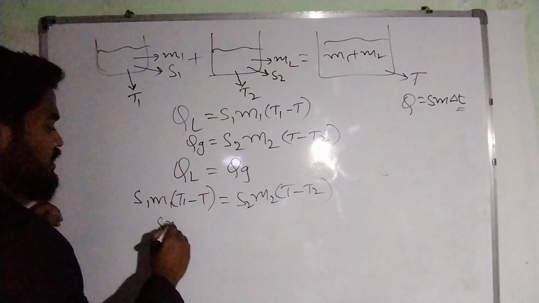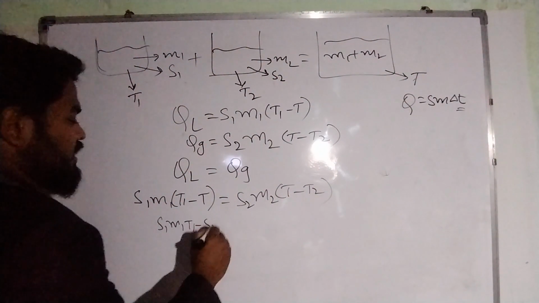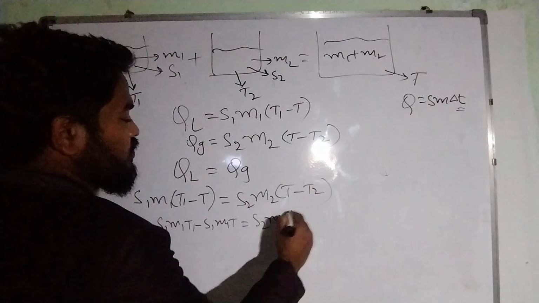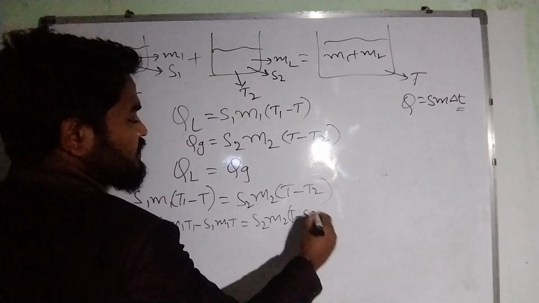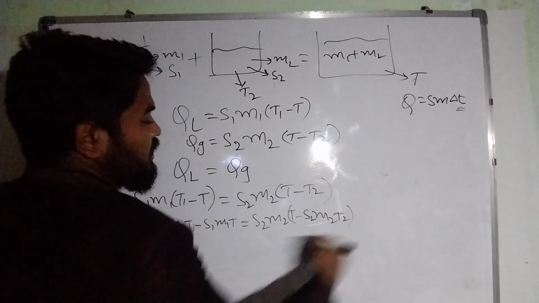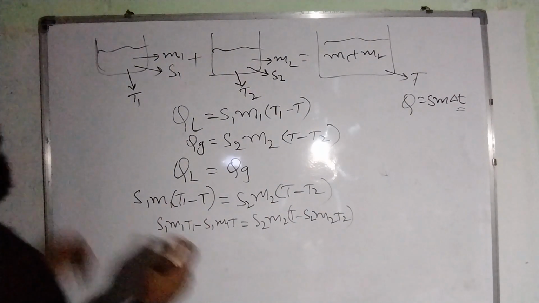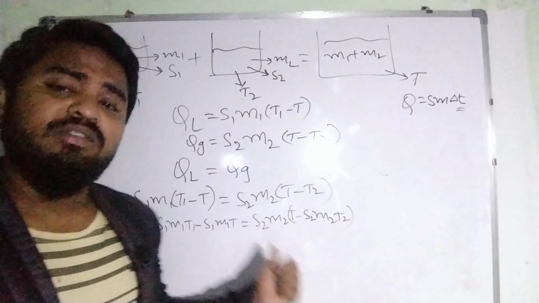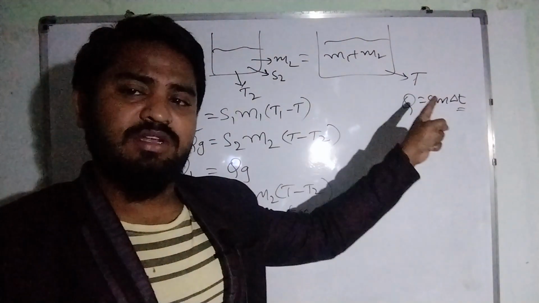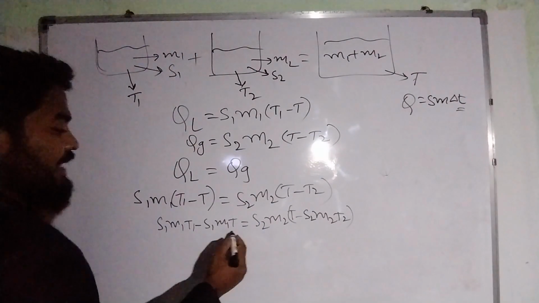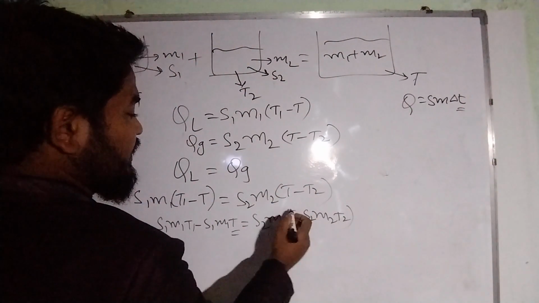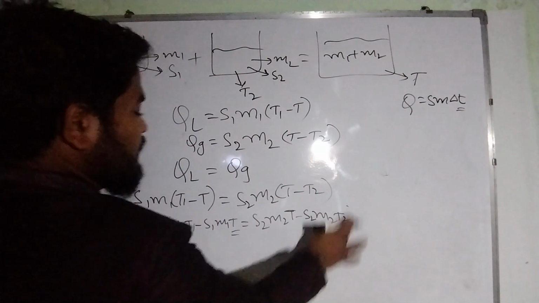Now S1 M1 T1 minus S1 M1 T equals S2 M2 T minus S2 M2 T2. Our target in this experiment is to find the final temperature of the given mixture, right? So now take this T to one side.